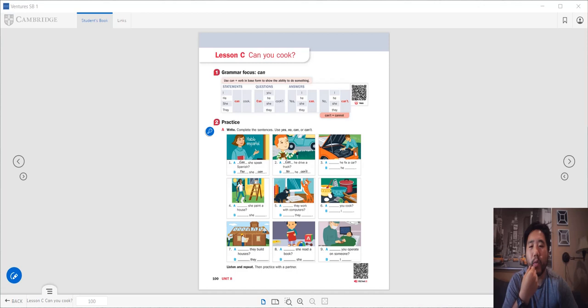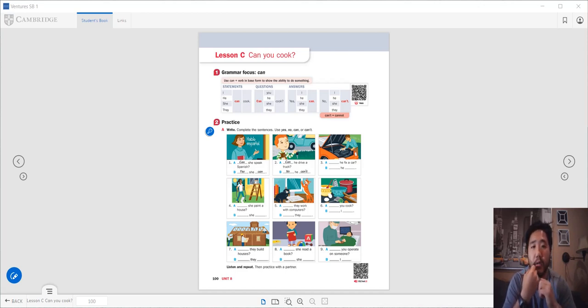Right now we're on page 100 of your student book, which is Unit 8, Lesson C. In part 1 video, we went over a word called can, C-A-N. Can means the ability to do something. For example, I can play tennis. I can drive a car. You can drive a car. He can cook.